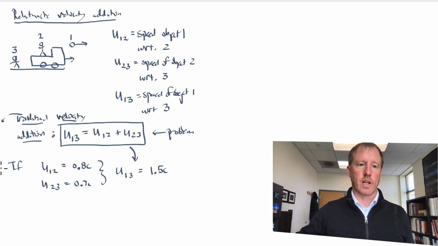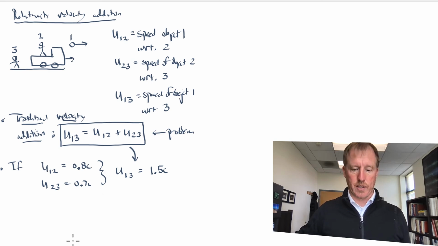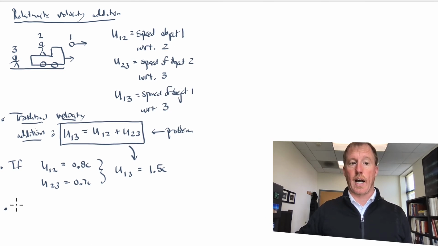Okay, so let's try to come up with a formula or talk about a formula that preserves this universal speed limit. Okay, so what I'm going to do is I'm going to simply write down the formula for you, and then I will show you how it works.